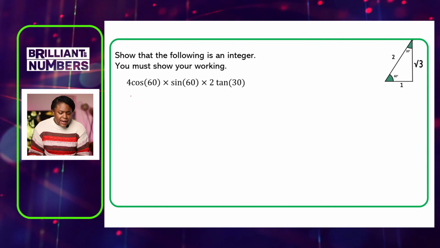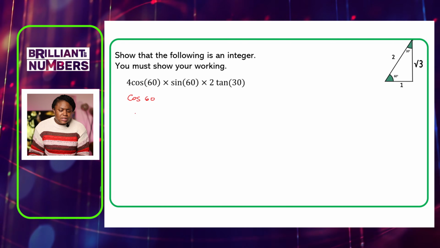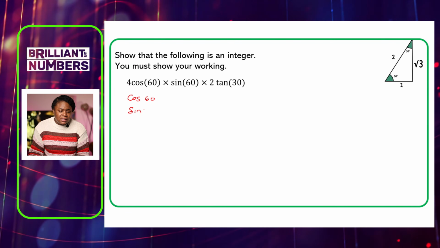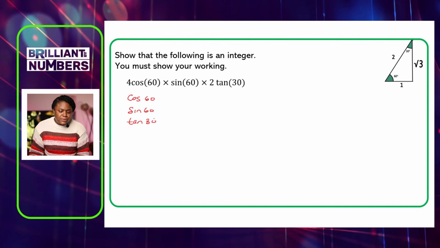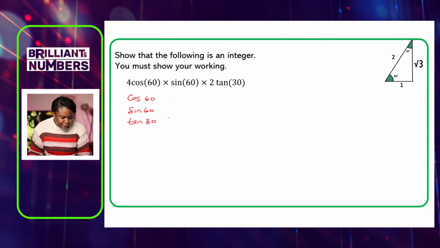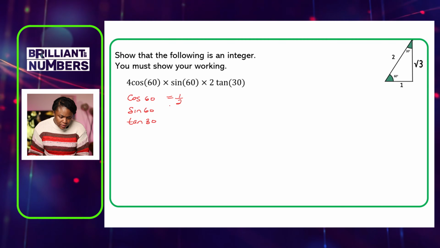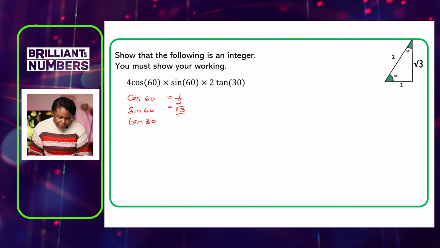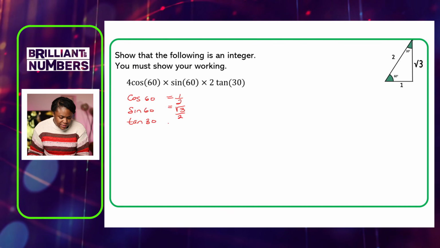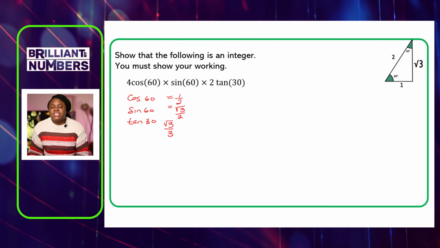Let's write down the values of cos 60, the value of sine 60, the value of tan 30, and then we're going to substitute them and simplify. So cos 60 is equal to a half, sine 60 is equal to root 3 over 2, and tan 30 is equal to root 3 over 3 when it is rationalized.